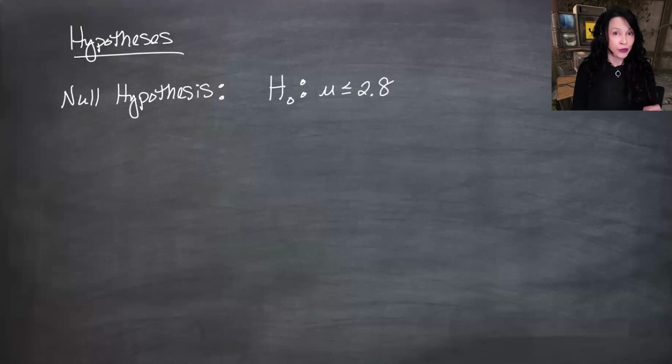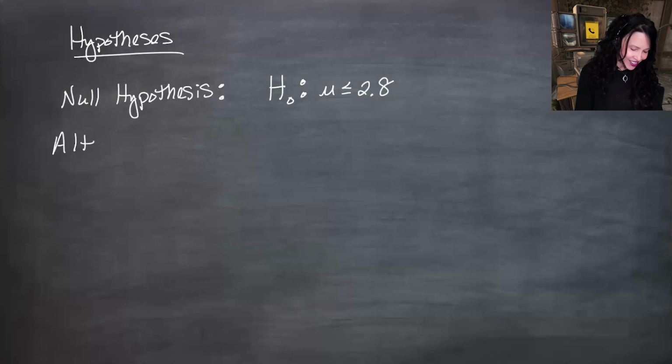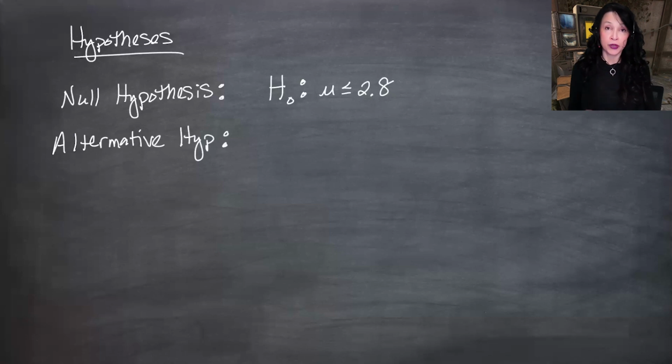So the one we put here, let me finish this. Then we have an alternative hypothesis. A lot of people use H sub A for alternative, and a lot of people use H sub 1. I'm a little partial to H sub 1 in a math stat environment. But if you use HA, that's fine. So mu greater than 2.8.